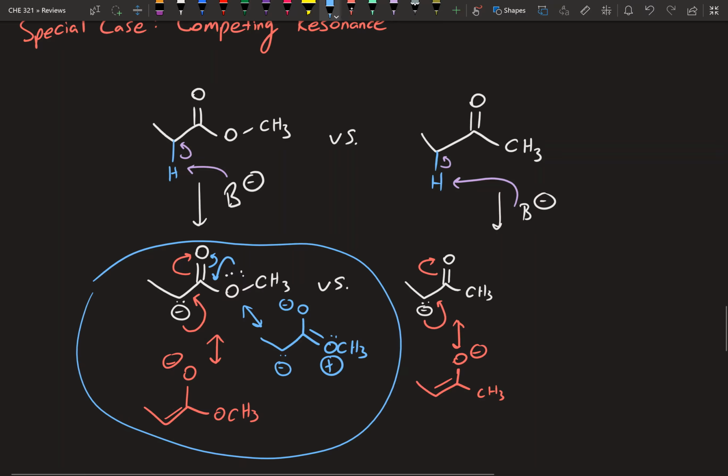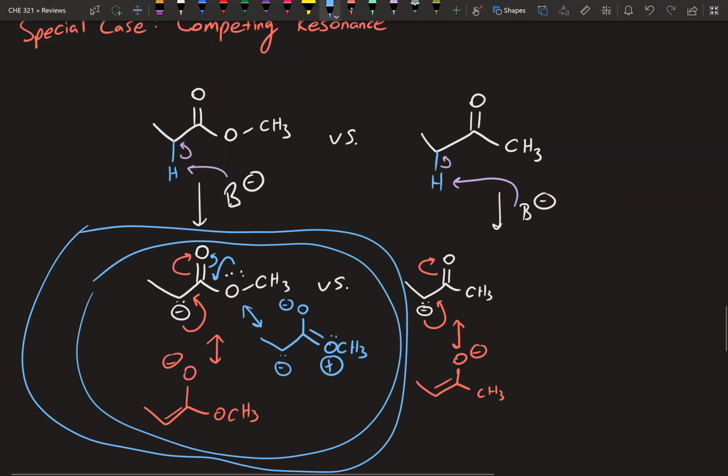Whereas if we look at the structure on the right, that negative charge can always resonate to that oxygen. All right. And so because of this competition induced by that other OCH3 group, that carbon cannot always resonate to that oxygen, so the conjugate base on the left is not going to be as stable as the one on the right.